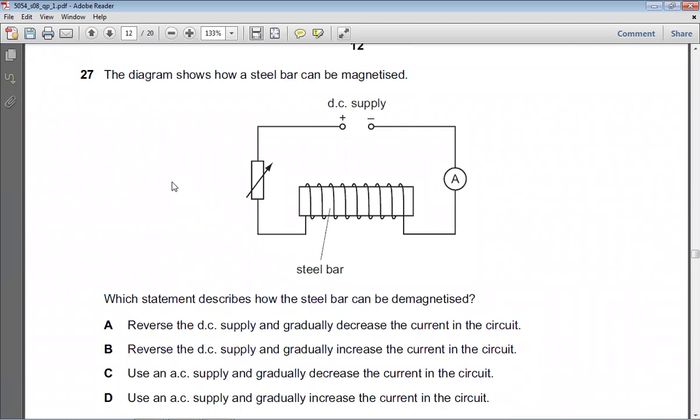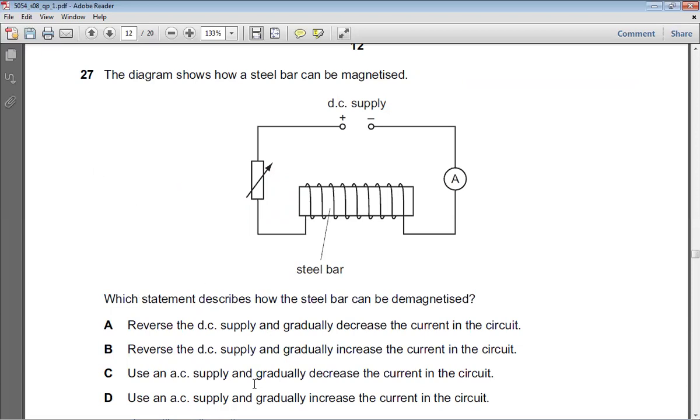The diagram shows how a steel bar can be magnetized. Which statement describes how the steel bar can be demagnetized? For demagnetization, we always use alternating current. Remember, for demagnetization of a bar magnet, we always use alternating current, and you gradually decrease the current, and the iron bar will lose its magnetism if it has been magnetized.